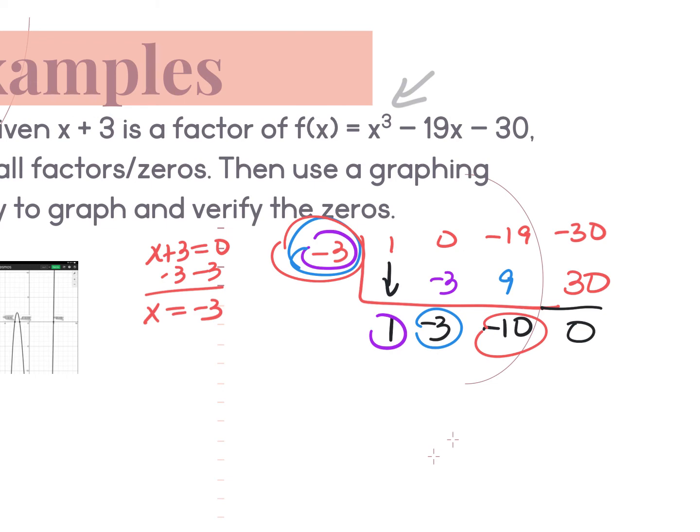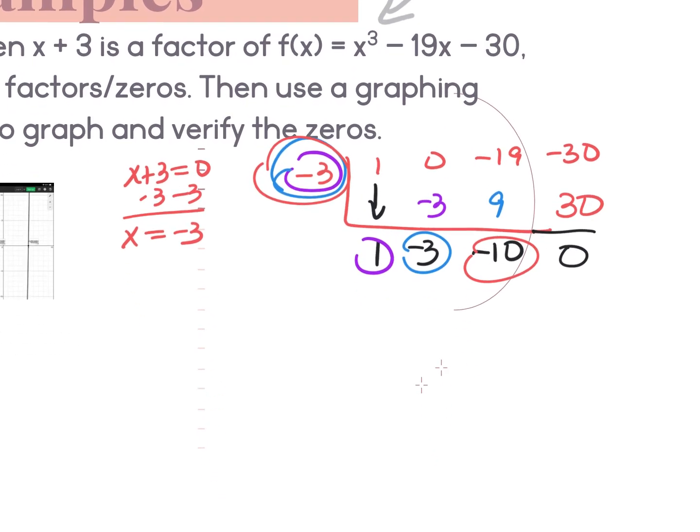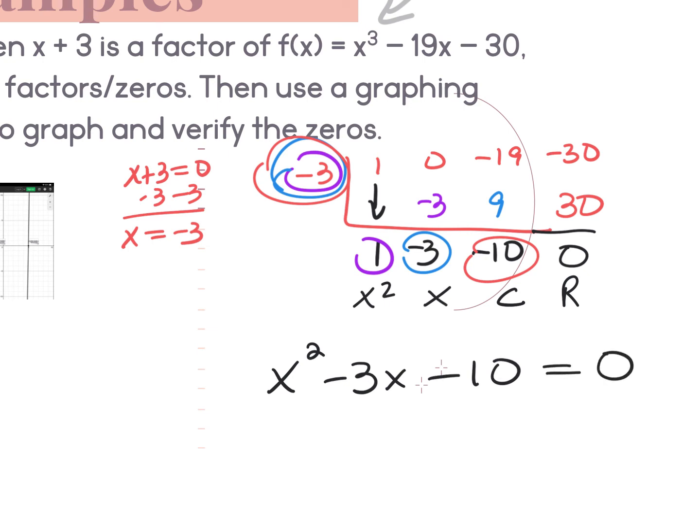Now, my goal here is to bring down the power, so now it's quadratic. So this is remainder, constant, x squared. I now have the function x squared minus 3x minus 10 equals 0. It's now a quadratic equation that I can either factor, use completing the square, or quadratic formula to get my other 2 factors.